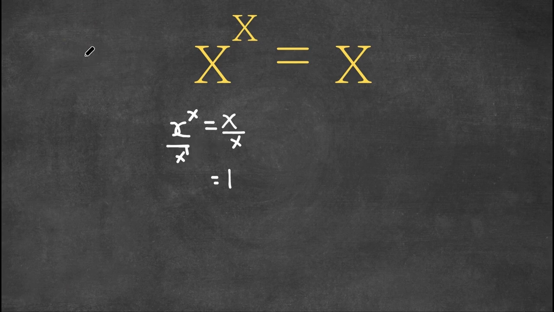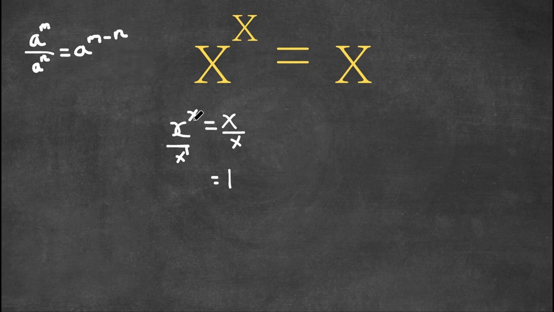And if you guys recall an important property of exponents, it states that a to the power of m over a to the power of n is equal to a to the power of m minus n. So this is the formula for dividing exponents.